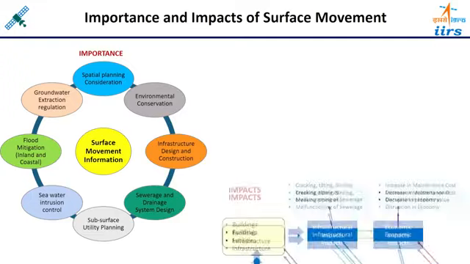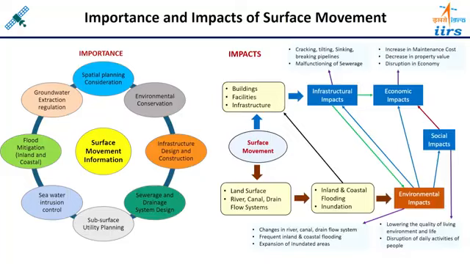Then if you see the impact, because this land surface movement is happening, it can affect the health of buildings, the facilities, or the infrastructure we have. If all such things are getting impacted, then we have an infrastructural impact.